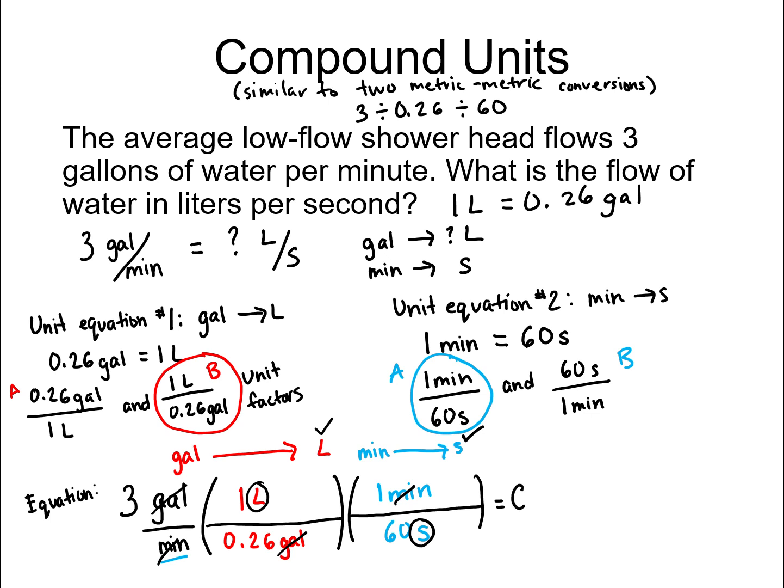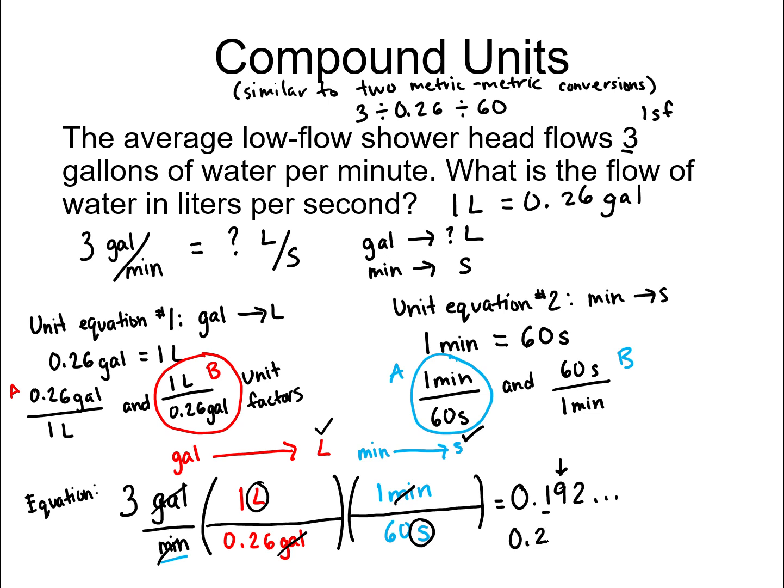Your calculator is going to tell you 1.192 something something something. Sig figs. We're given 3 gallons per minute. That's only 1 sig fig. So we need to round this to 1 sig fig. We got to round the 1, look at the 9, see whether we round up or down.